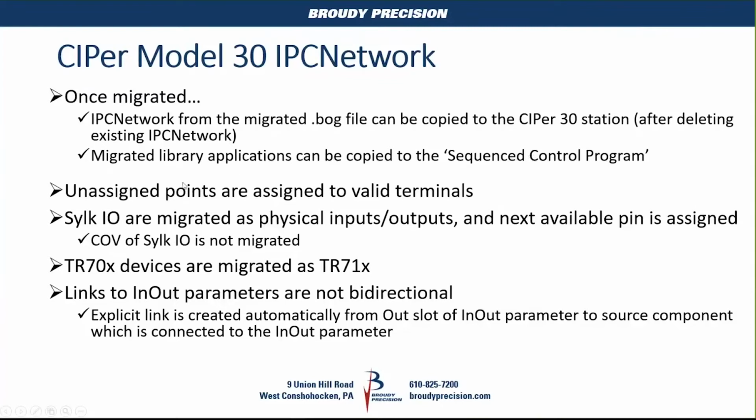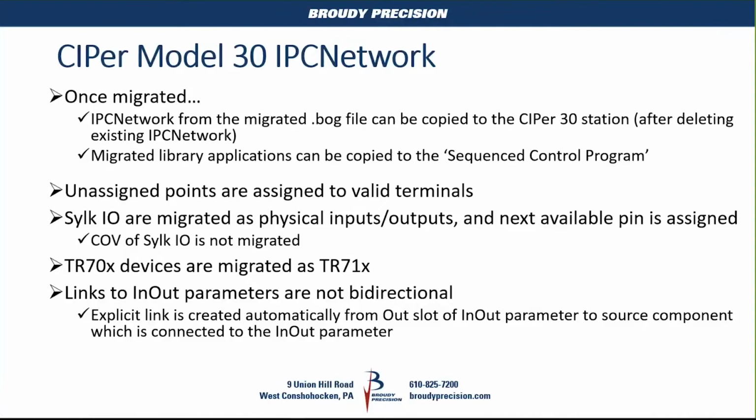Any unassigned points will be assigned to valid terminals. So whatever is the next available pin, whichever IO pair is open, it'll do that for you. And as I mentioned before, the Sylk IO, it's going to migrate the inputs and outputs of the Sylk IO directly to the next available on the CIPer 30.